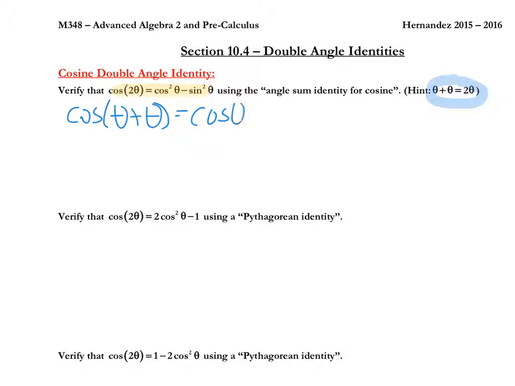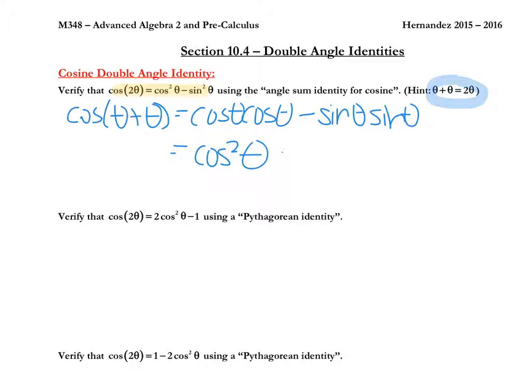So cosine theta cosine theta. Remember, it's the opposite sign, sine theta sine theta. So you will see that the cosine double angle equals cosine squared minus sine squared. So that's one variation of it.